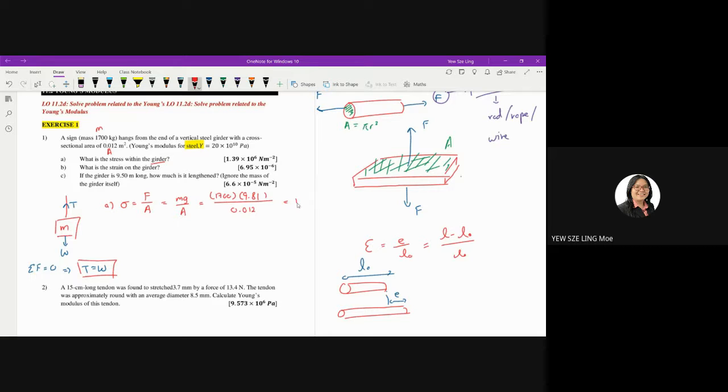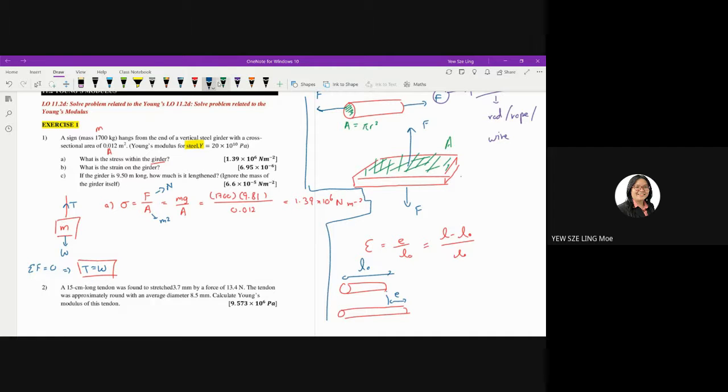Therefore it equals 1.39 times 10 to the power of 6 N m to the power of negative 2. Because you have F divided by A, the unit for F is Newton and the unit for A is m squared. This is the answer for question A.